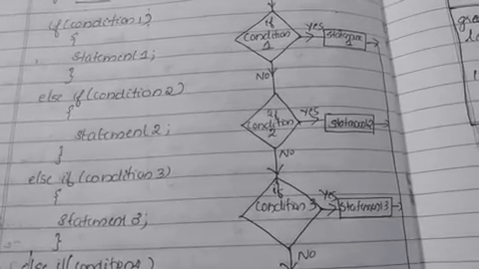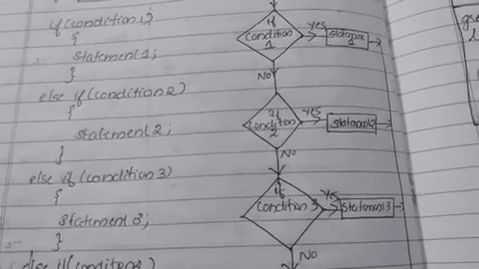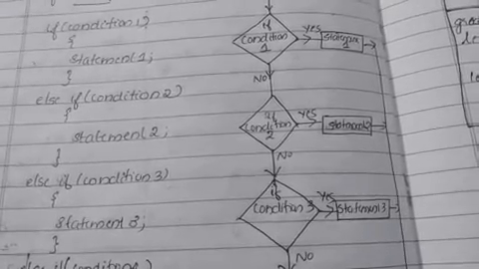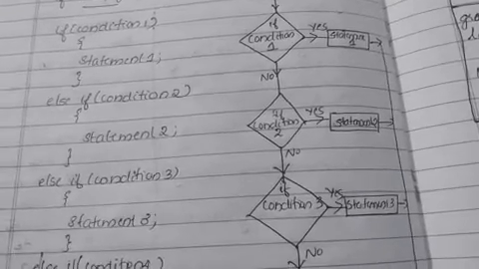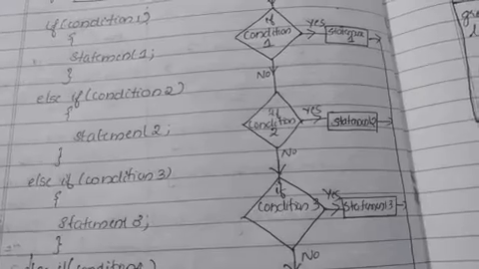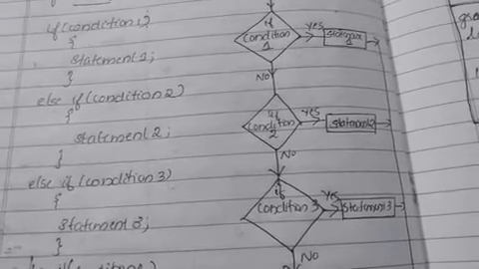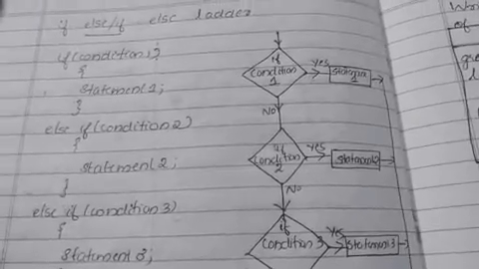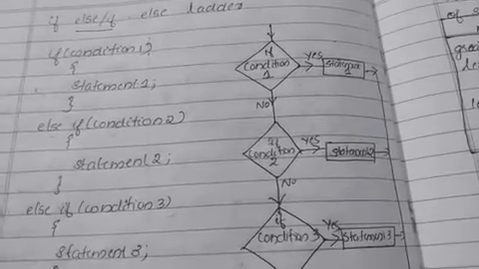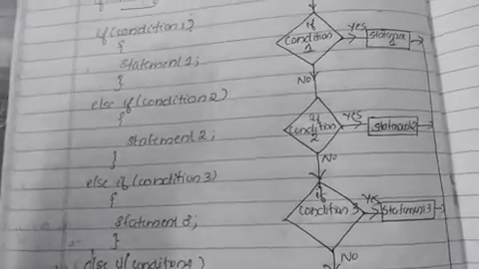It is not a must that there are more than 5 or more than 6 conditions; it is up to the program, and the number of conditions may vary. There may be 2 conditions. If more than 2 conditions are to be checked, then we can use this if else ladder.